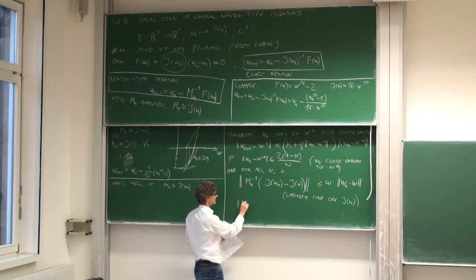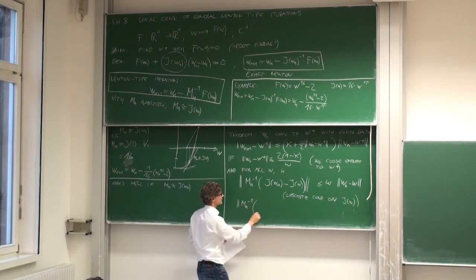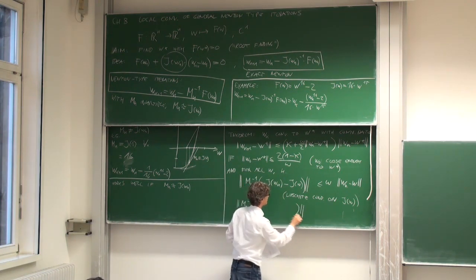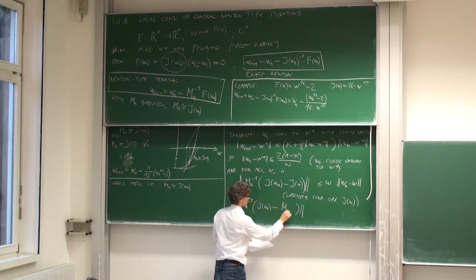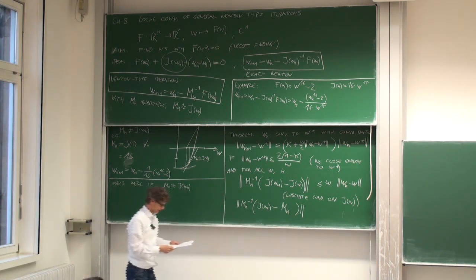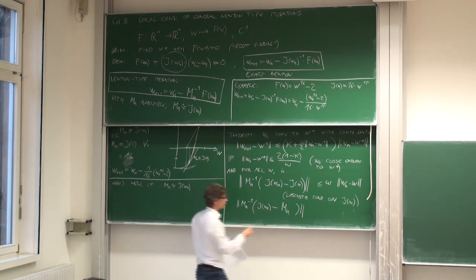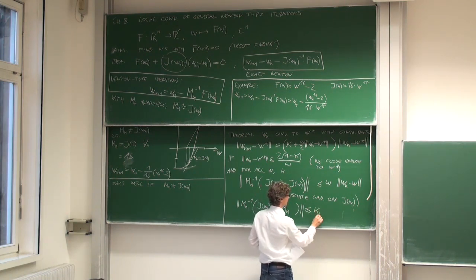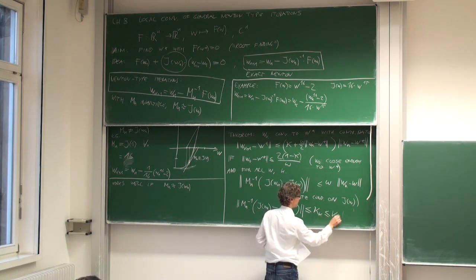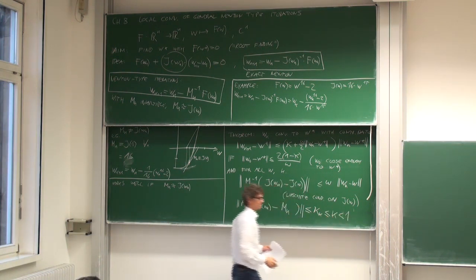I take this weighting again, and here I put the difference J(W_K) minus M_K, and I want to bound this and make it smaller than kappa_K, and that should be smaller than kappa, which is smaller than 1.